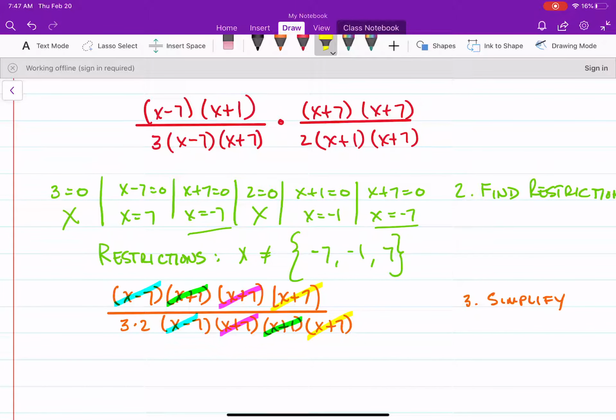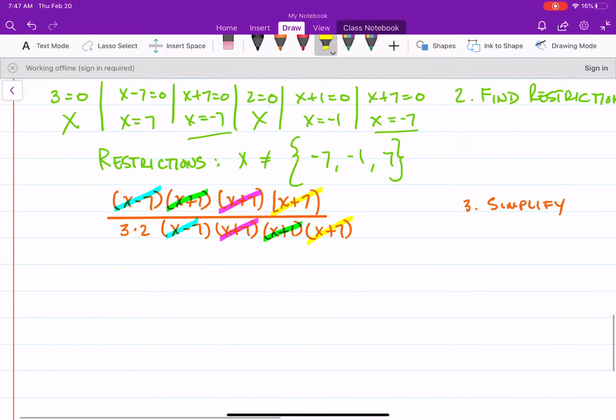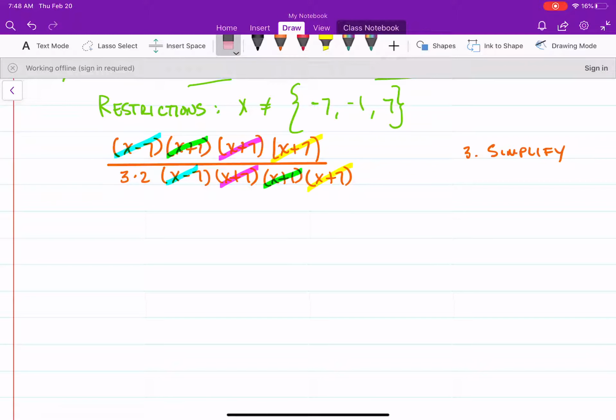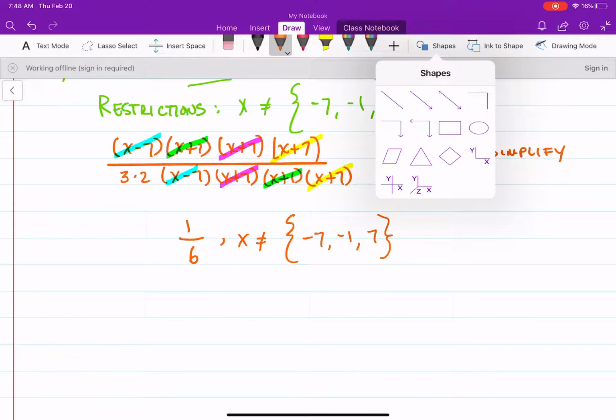The answer is yes. So all those cancel out. So I'm left with 1 over 6, comma, x cannot equal negative 7, negative 1, or 7. So that would be my answer.